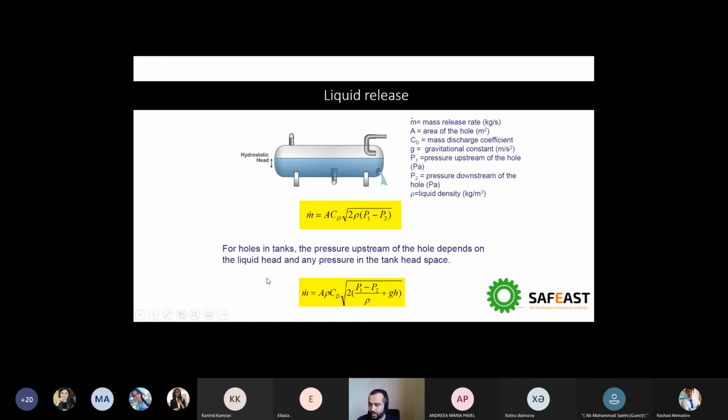But when you are working with atmospheric storage tanks, you should add the head of the pressure in the tank space. You should add rho g h on top of that, because in atmospheric conditions this hydrostatic head may change the result.